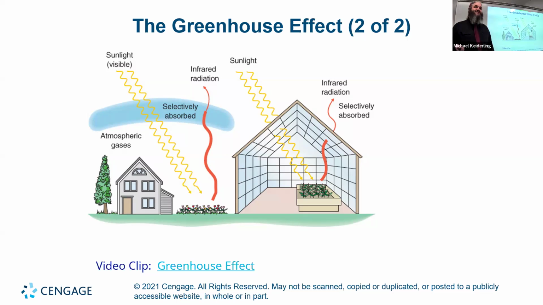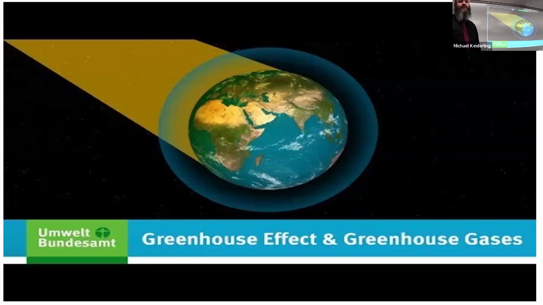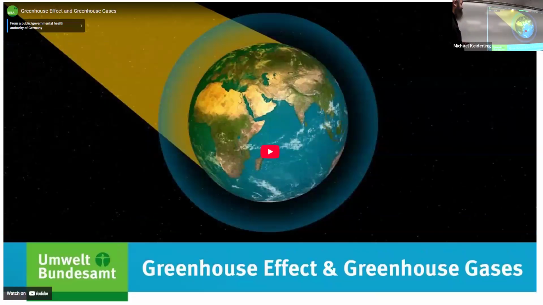It's not the most accurate example, because greenhouses don't stay warm primarily from the fact that they don't let out infrared radiation. There are other effects that are the reason they stay warm, but here is a short video about the greenhouse effect and greenhouse gases emitted by various processes, and why we have a problem that the greenhouse effect is increasing.